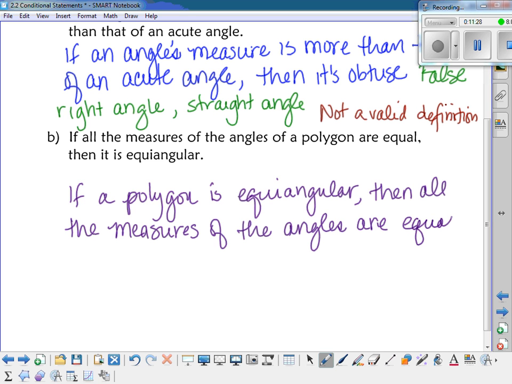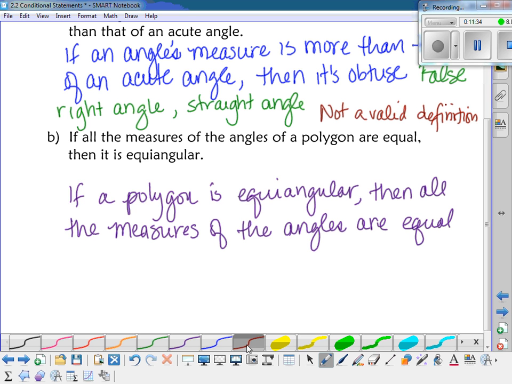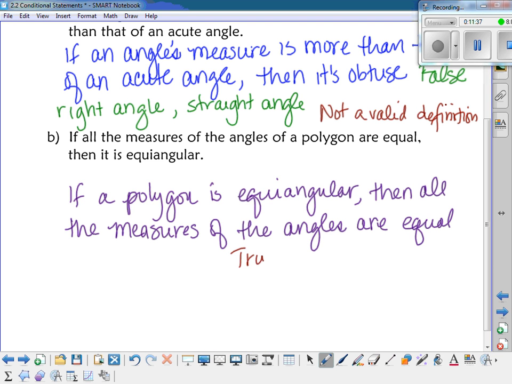Okay. Is this true? Yes, it is. That would always be true, so that is a valid definition.